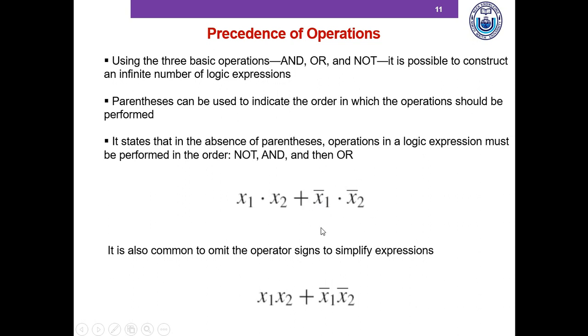And lastly, we perform the OR operation, because OR has the lowest precedence. It is also common to omit the operator signs here, the AND signs, to simplify the expressions. Please also note that each of these variables here are binary, so they have only two possible values, 0 and 1.